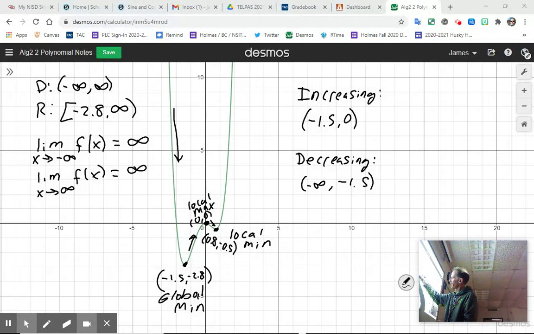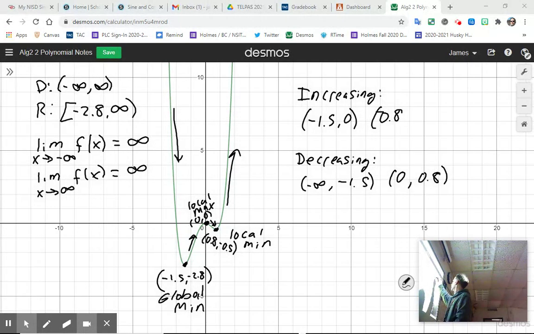And then it decreases for that little tiny bit right there between the maximum and the minimum. So it's decreasing again from 0 just until 0.8, a little tiny bit. And then it starts increasing and does that forever. So it's increasing again from 0.8 all the way to infinity.